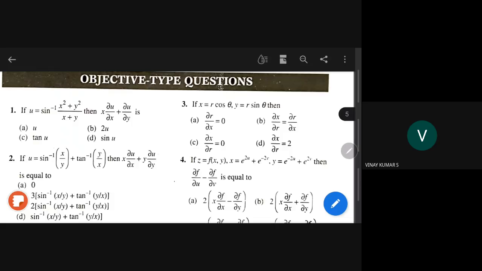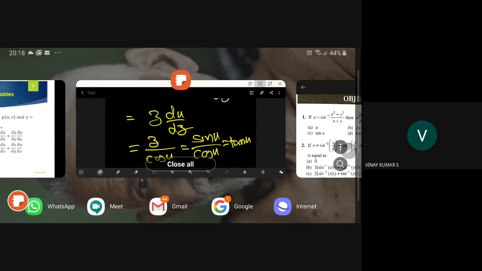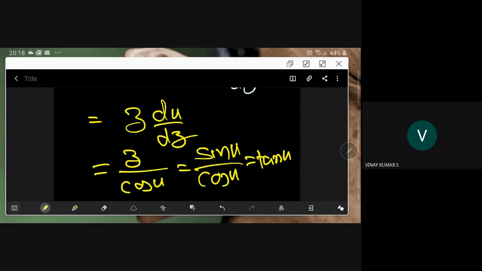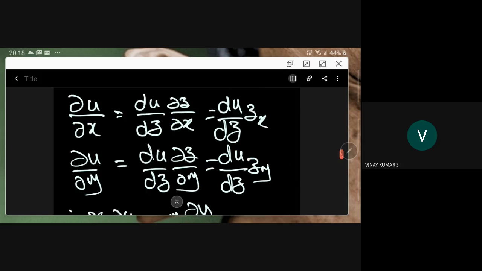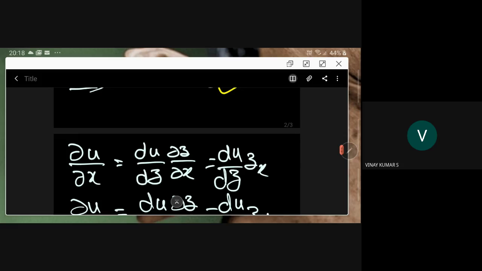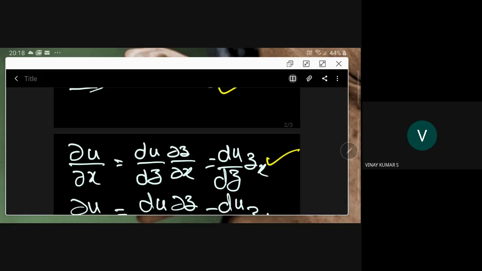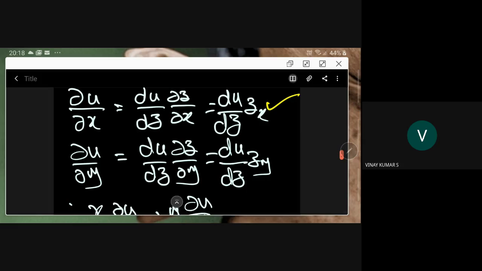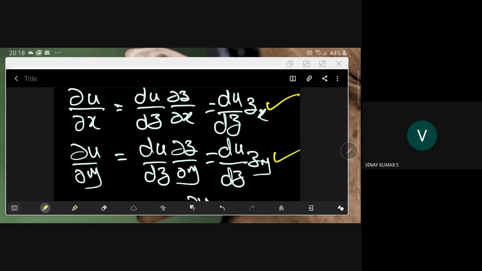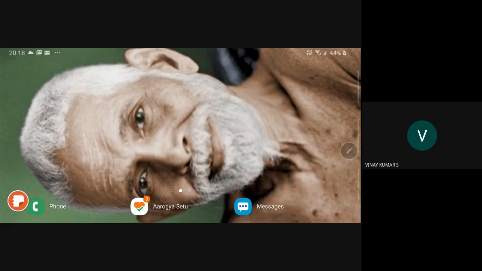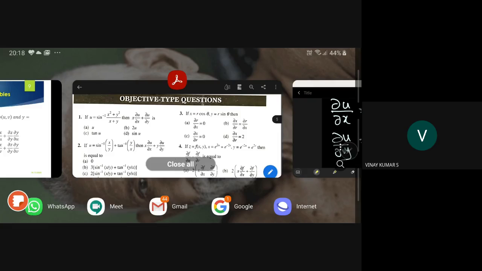So what I mean to say is that if you practice this slide, the crucial step one needs to remember is that you have to make use of these things which we took from this slide, the first case.